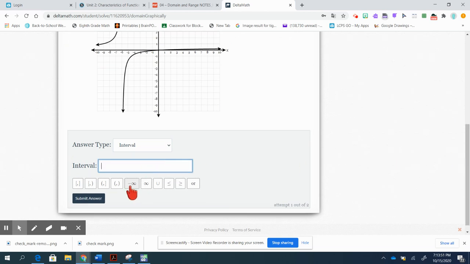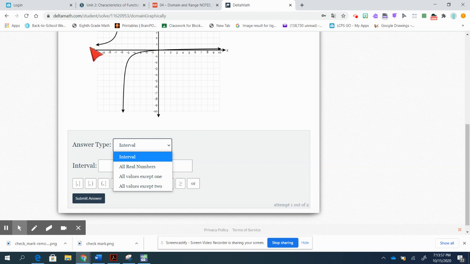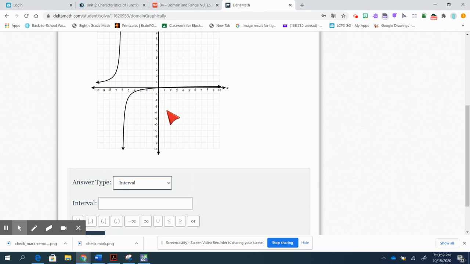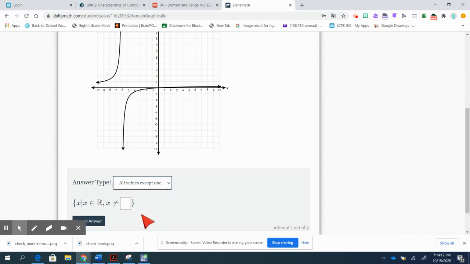Sorry, I told you it takes a few minutes to figure it out. And then it keeps going all the way over here to +infinity. But we do have this asymptote here, so we know that it is not including the -6. So we're going to go here to all values except -6.